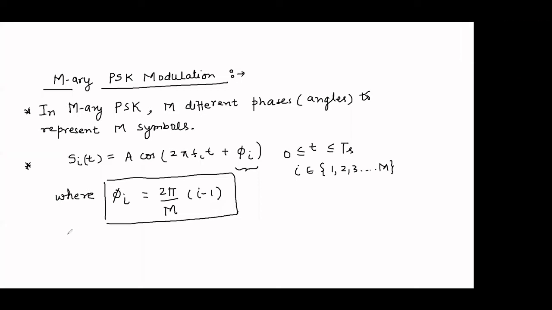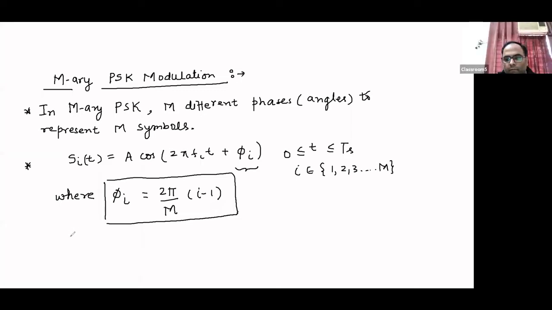So similarly, for BPSK, the value of M will be equal to 2, right? So if you put M equal to 2, you can have phi 1, for example, for i equal to 1.